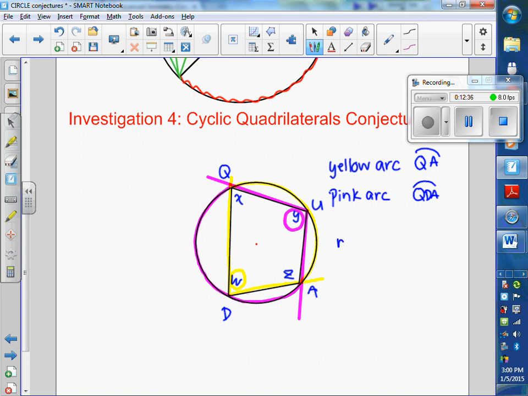Together, the measure of QA plus the measure of QDA, they make a whole circle, so they have to be equal to 360.